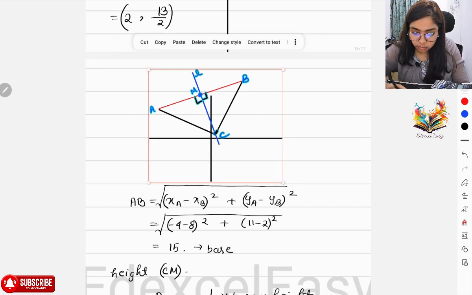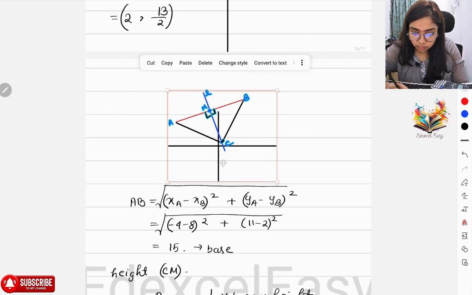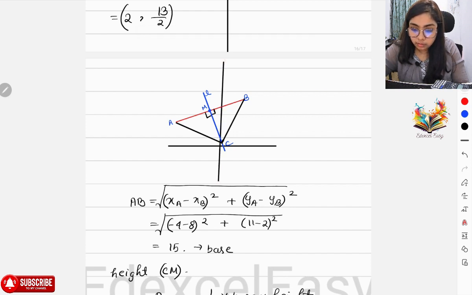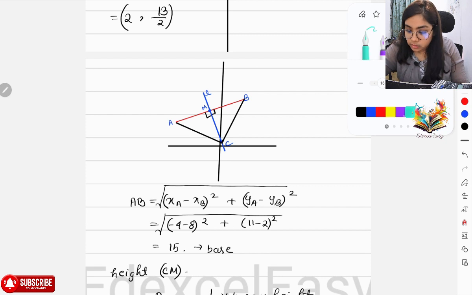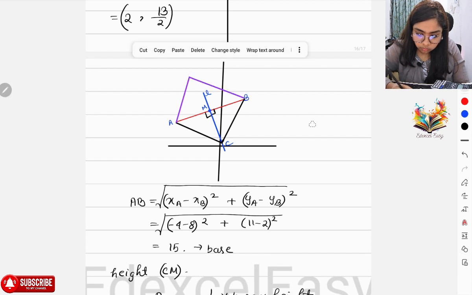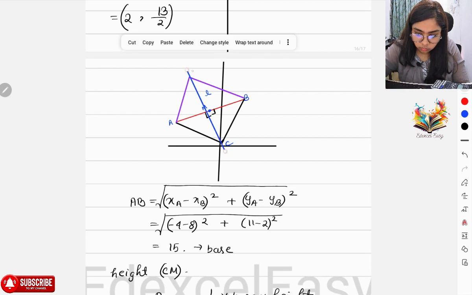I should just minimize it a little bit so that I can fit everything inside. That means another possible triangle that this C could be creating was over here. I'll just simplify this.